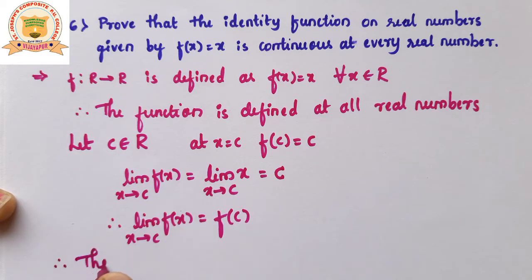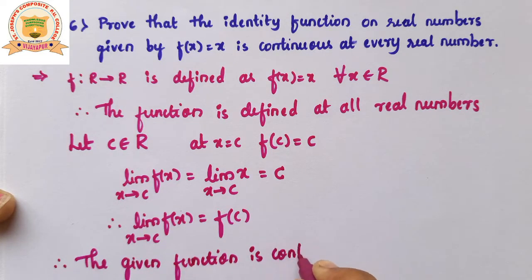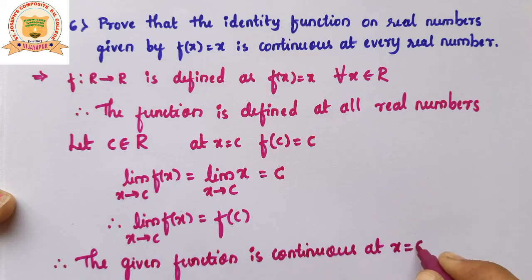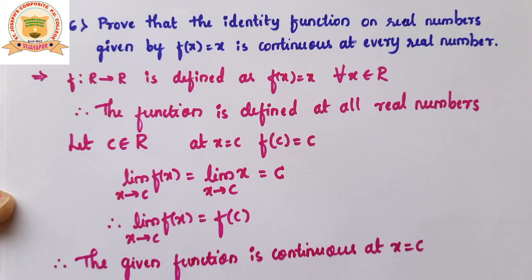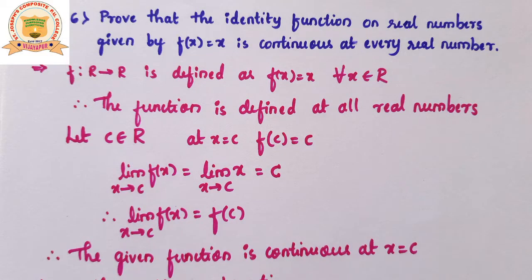Therefore, the given function is continuous at x is equal to c, c is a real number here. Therefore, the function is continuous at every real number. Hence, the identity function is continuous at every real number.